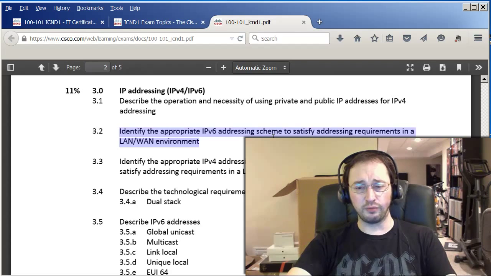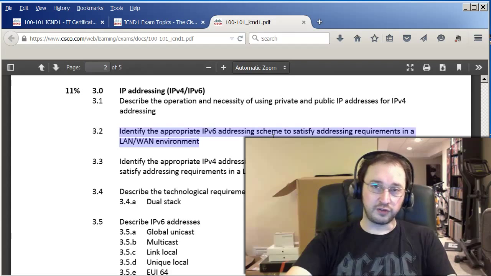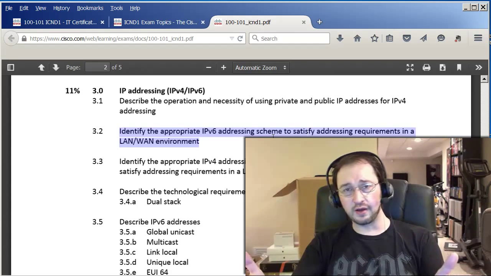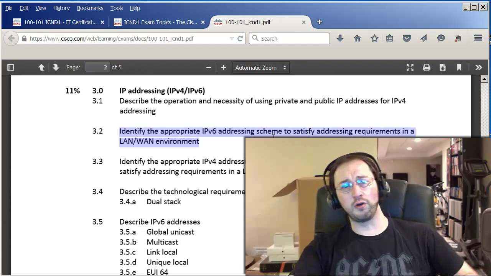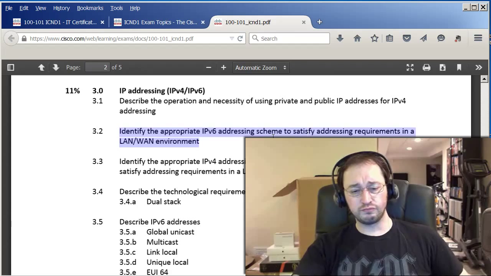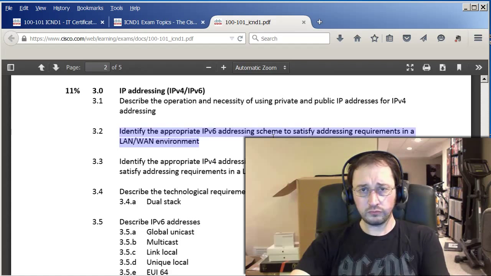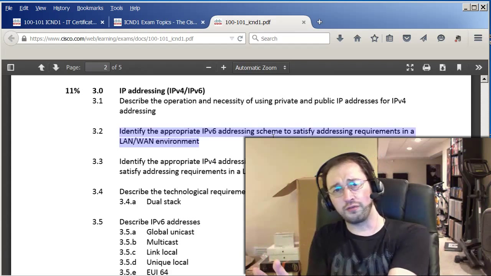So for example, in most situations you're going to have the first 64 bits identifying the network and the last 64 bits identifying the host. But you could come across some other scenarios as well. Like, for example, maybe a /48, where the first 48 bits are for the network, the next 16 bits might be for the subnet ID, and then the last 64 bits for the host.